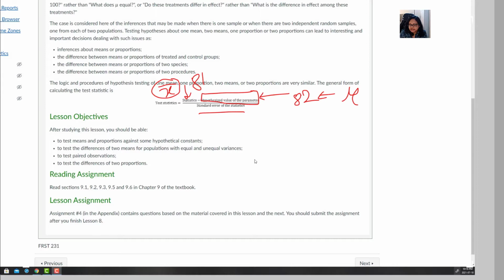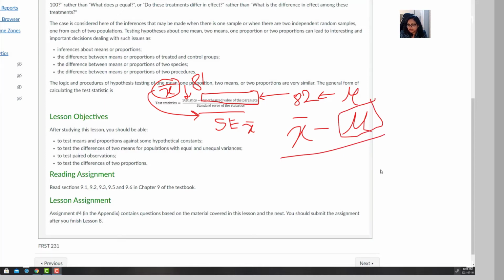And then the standard error of statistics, that means the standard error of this mean, the statistic, we have to use that. So that means at first we have to use the sample value, the population value that we are hypothesizing. This is coming from our hypothesis, what we are saying about the population, and then the standard error of the statistic.